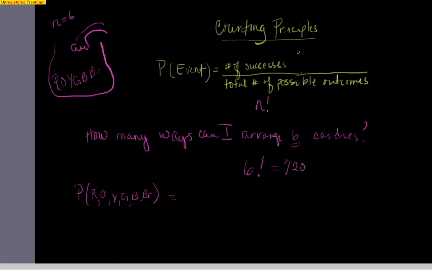There's only one way I can do that. There's only one way out of the 720 different ways that they could be arranged. All the ways you can arrange them is 6 factorial, one of them being correct. Okay, let's try something else.